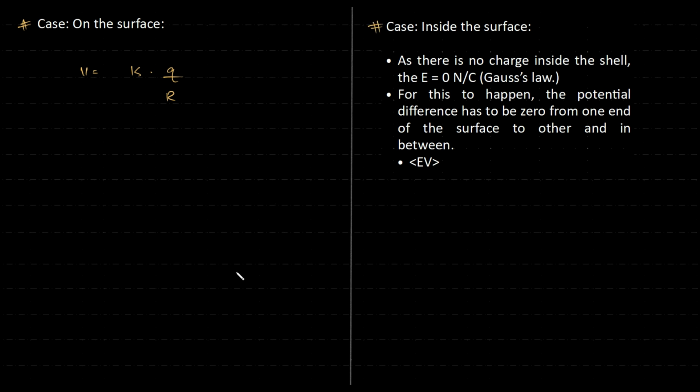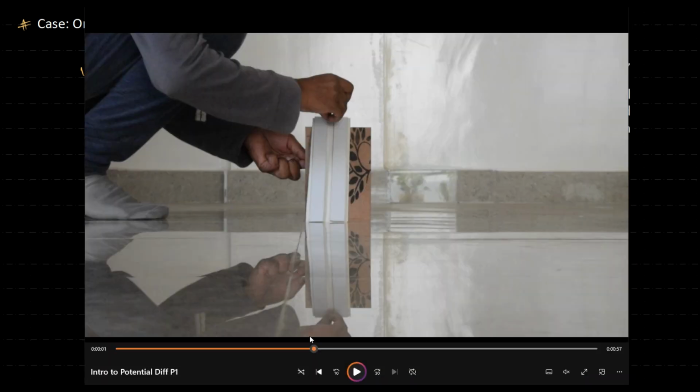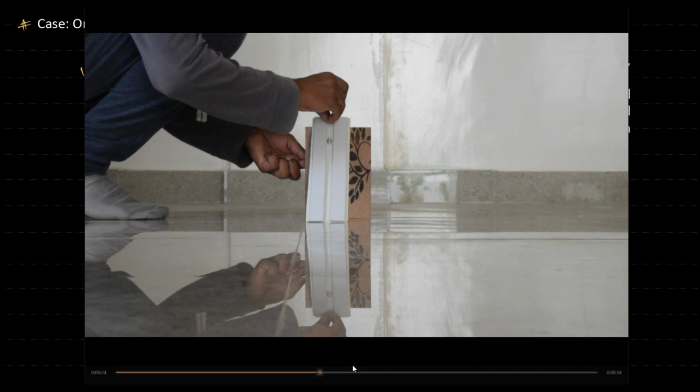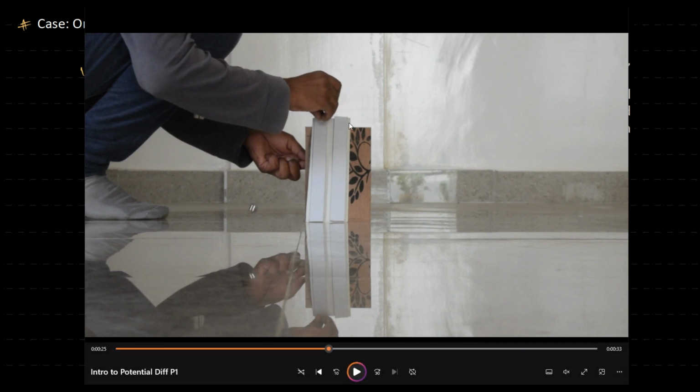Then inside the sphere, this is where things get a bit tricky. Let's have a look. This is like a simple gravitational potential difference scenario. I'm leaving an object at a particular height. Because it has access to a lower potential, it starts moving.